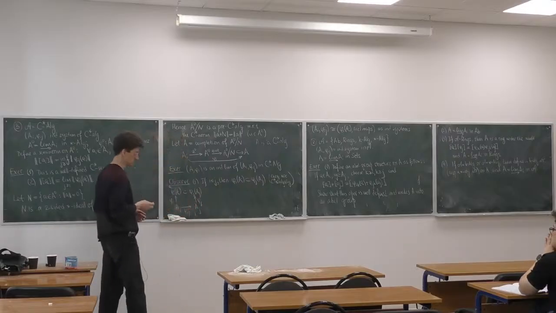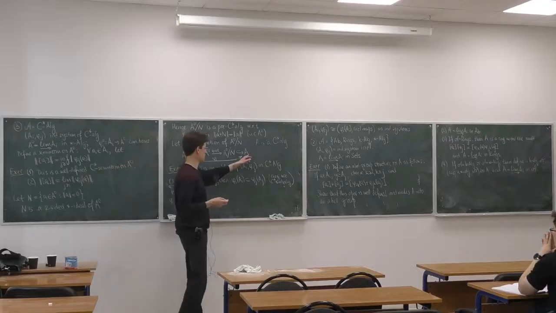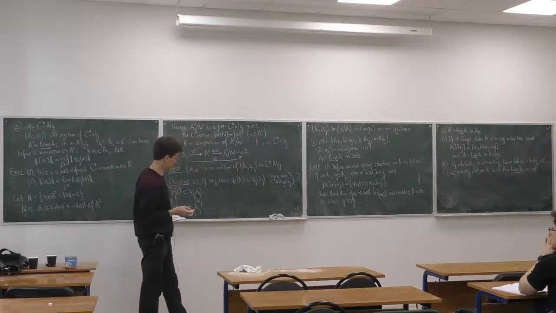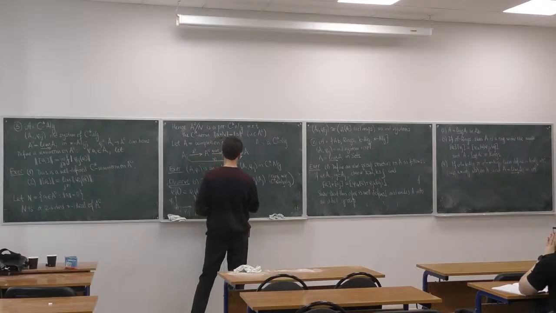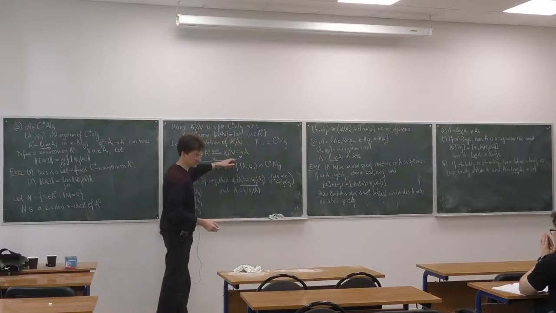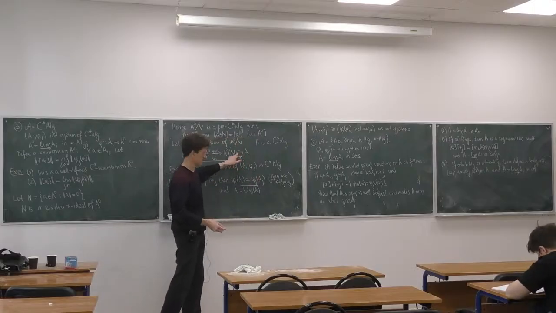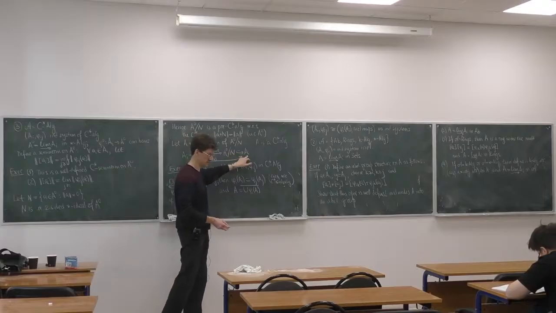Also, it's clear from the construction that A, our C-star algebra, in general is not the directed union of our chain, but it is the closure of the directed union. A is the closure of this directed union. We must take the closure because here we take the completion. So in general, this subalgebra is dense in here.